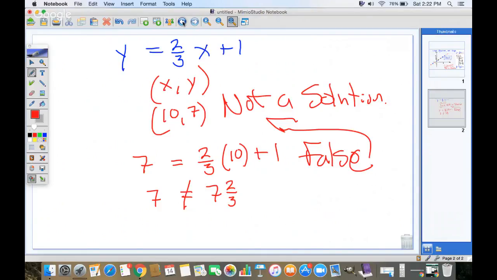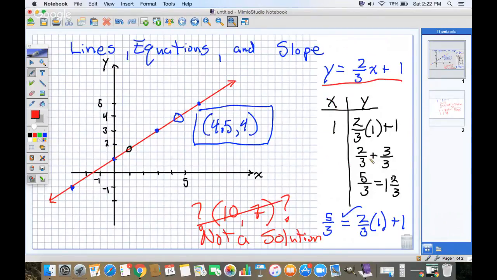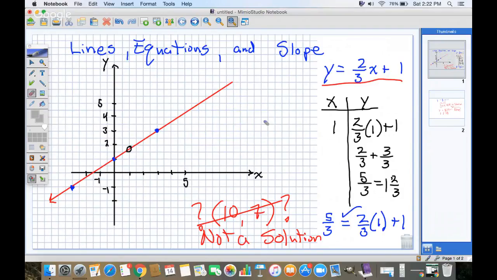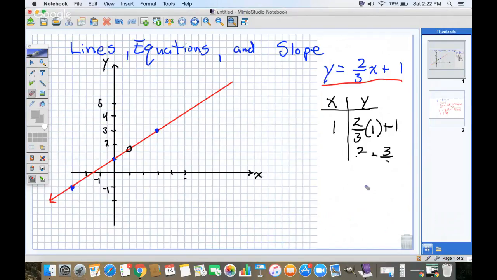So how do we find the right solutions? That's actually not that bad. So what I'm going to do is erase some of this stuff. Let's get rid of that, and that, and that. All right. So given an equation, how do you come up with the line? So a couple different ways.